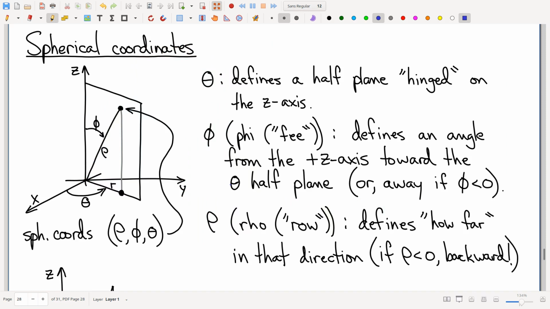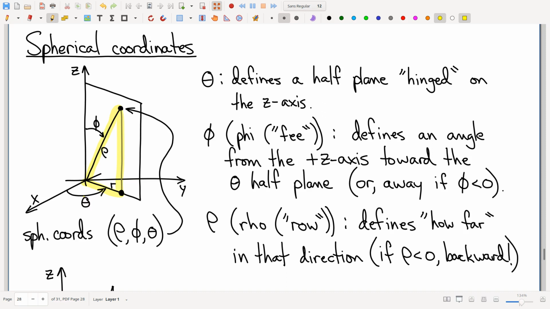How are we going to find conversion formulas? I'm going to draw your attention to this triangle. This little triangle right here is critical. It's hard to make sense out of this triangle in this picture because it's inside a two-dimensional plane, but we're looking at it in three-dimensional space, and that particular half plane is angled in a weird way, and so things like this right angle don't look like right angles in the picture.